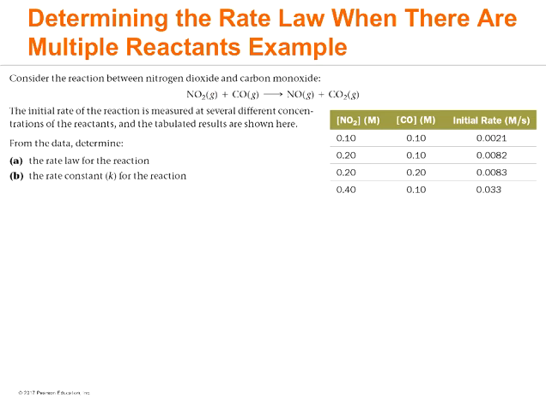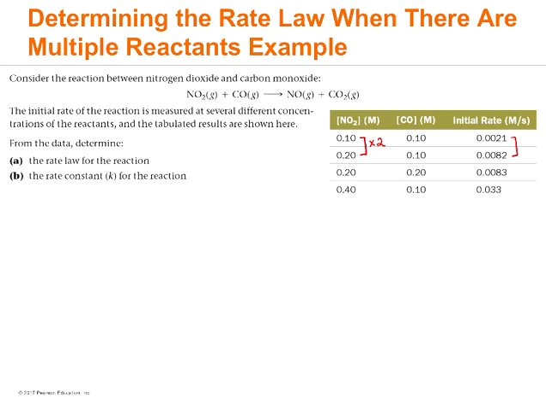Okay, there we go. So to start, let's figure out what the order for each reactant is. So we've got our set of data here, and we can see that we've doubled the concentration of our first reactant. So let's see how that affected the initial rate. And notice that the concentration for carbon monoxide did not change during these first two sets of data.